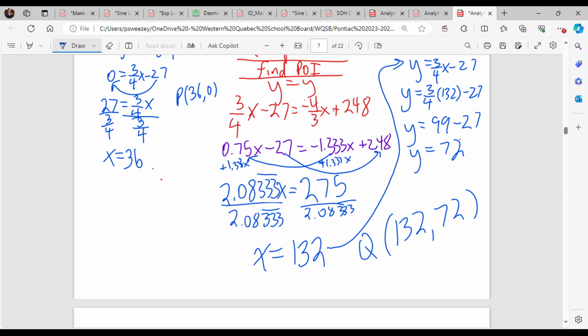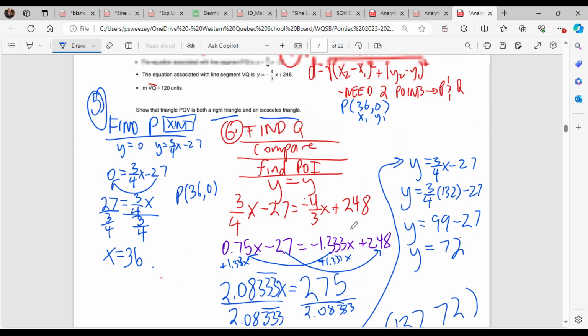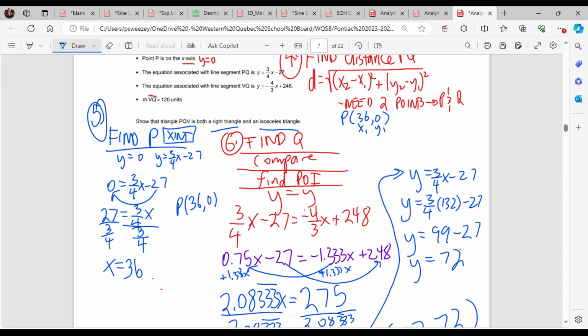That's point Q. I can now put that up here, with this guy. I'll scroll down later, but 132 and 72, and we can use our distance formula. If you plug this guy here as x1, y1, x2, y2 into this guy here, surprise, surprise, it spits out a distance of 120.